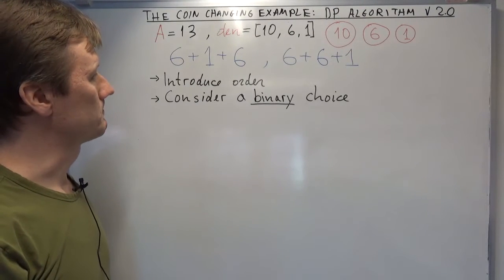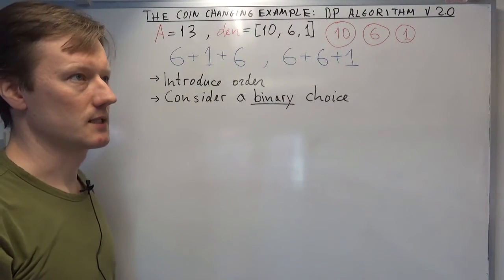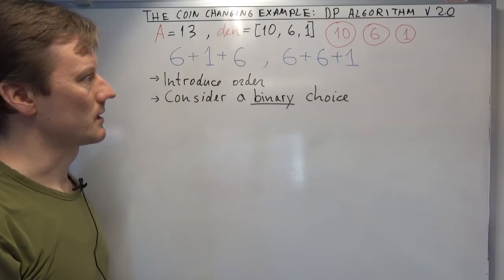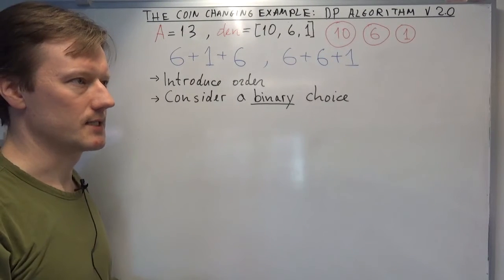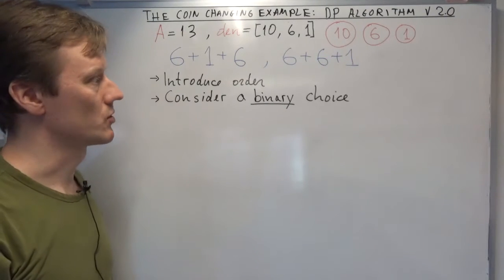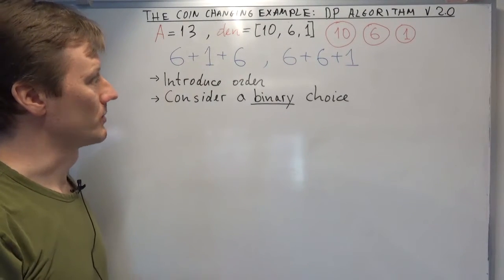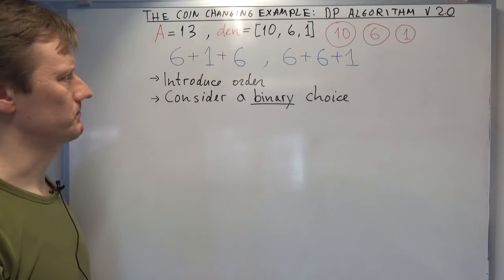But the algorithm does not have any restriction in itself on the order in which the values of the chosen coins are printed, or for that matter chosen in the algorithm.